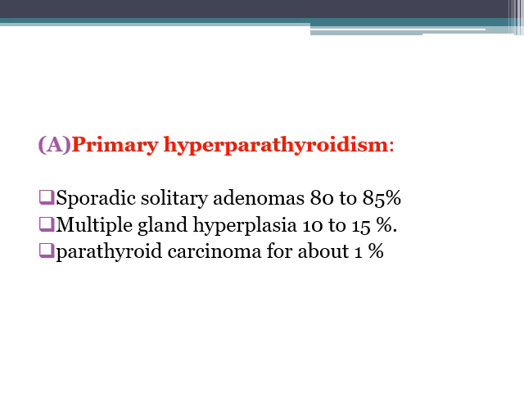Hyperparathyroidism may be primary. Primary may be due to sporadic solitary adenoma from 80 to 85% of cases, multiple gland hyperplasia in about 10 to 15% of cases, or parathyroid carcinoma for about 1% of cases.